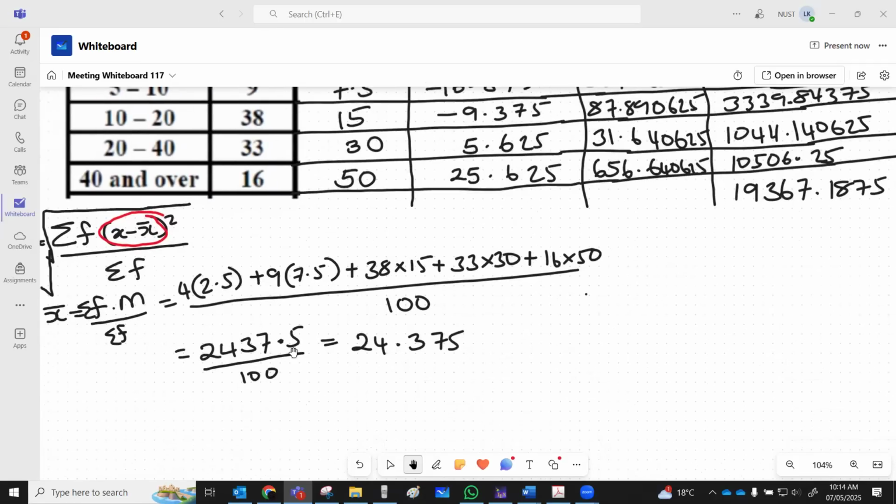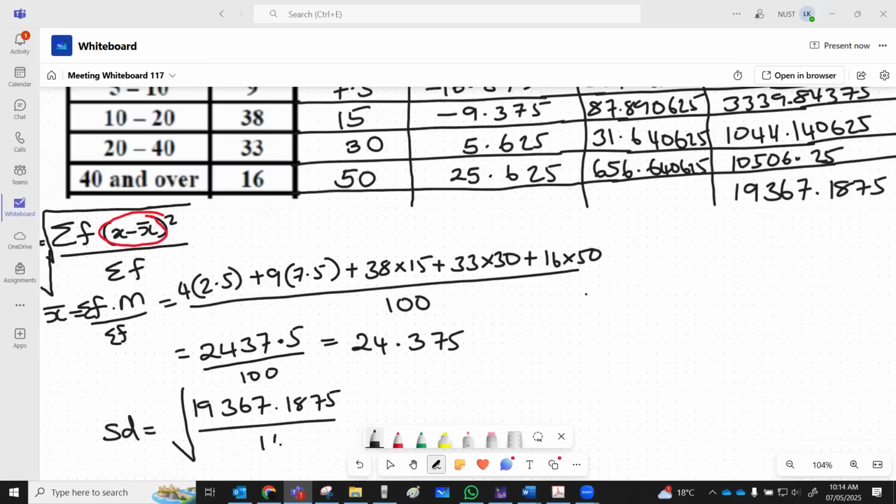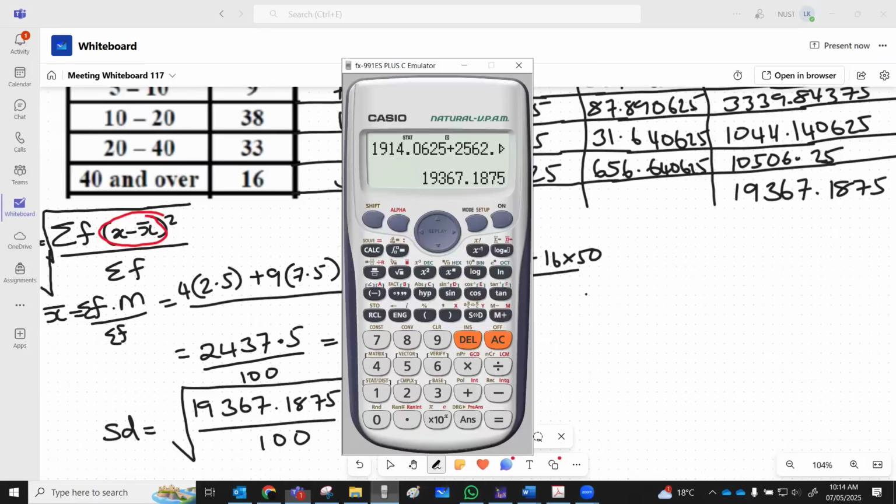Okay, so my standard deviation, this is the square root of 19,367.1875. We divide this by 100. Okay, so on our calculators, we have our answer.